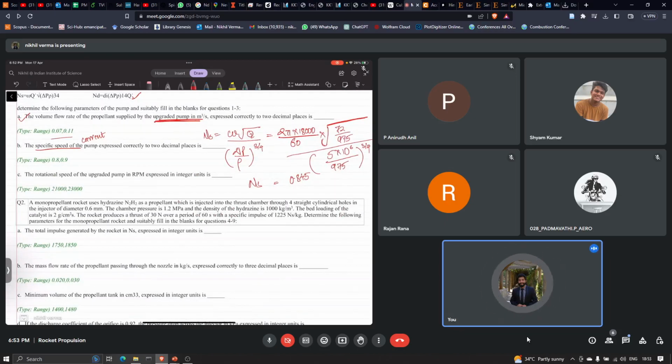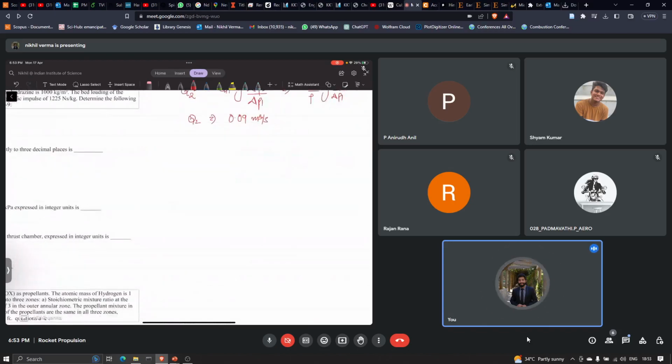Now we have to find the rotational speed of the upgraded pump. To find it, we can equate the specific speed for both cases. So omega 1 under root q1 delta p1 by rho to the power 3 by 4 equals omega 2 under root q2 delta p2 by rho to the power 3 by 4.